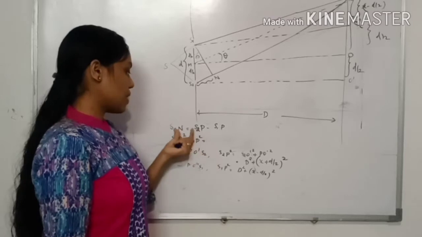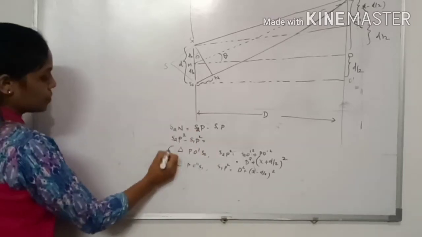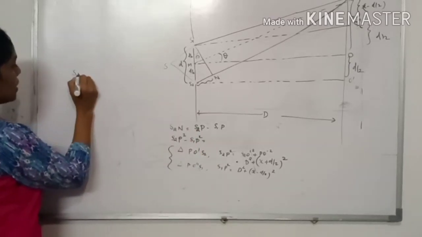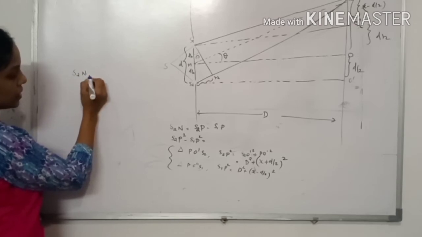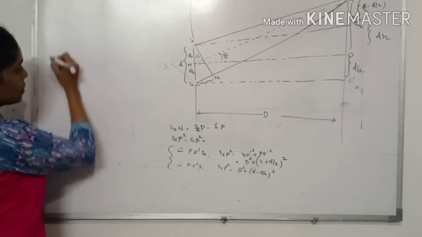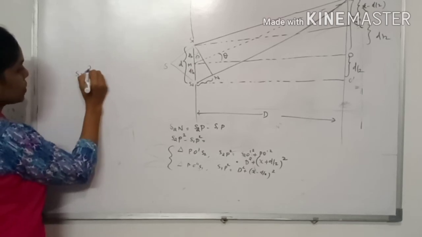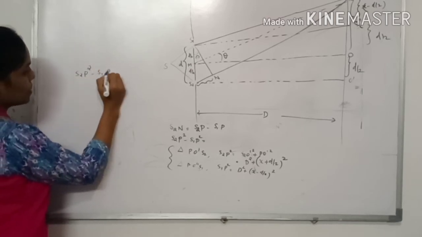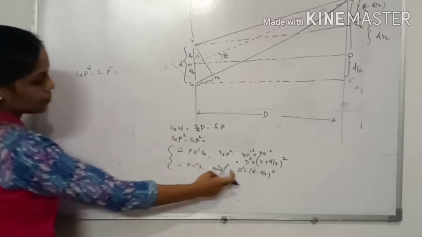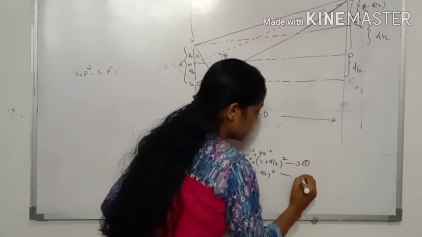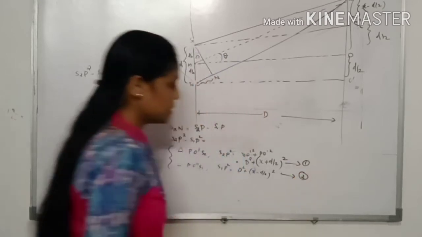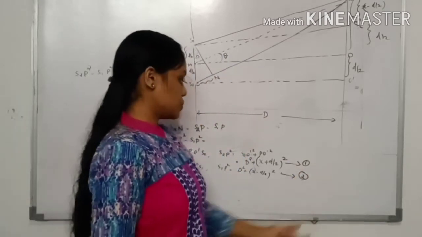From this we can find S2P minus S1P, or S2P square minus S1P square. Let us number these equations as 1 and 2.